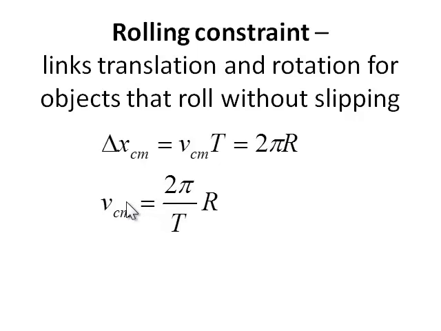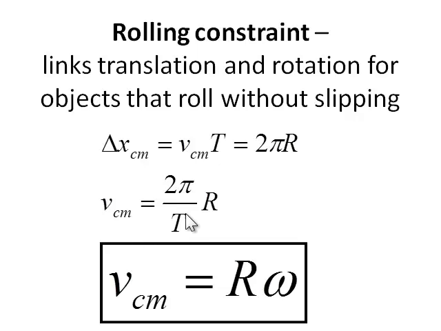We can rearrange this formula to solve for the velocity of the center of mass, and that's equal to 2 pi over T, the period, times the radius. 2 pi over T is the angular velocity of the object, so we can replace 2 pi over T with omega. So we finally get the formula: the velocity of the center of mass equals the radius times the angular velocity. And this can be used as long as we're rolling without slipping.